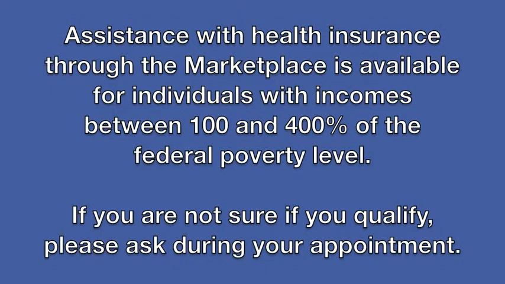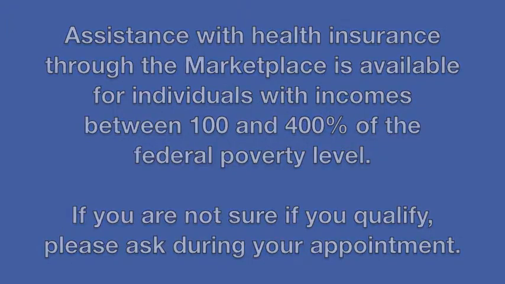So assistance is available for those people that earn over 100% of the federal poverty level all the way up to 400% of the federal poverty level. So obviously, the farther away you go from the 100 percentile, the less assistance you will receive.